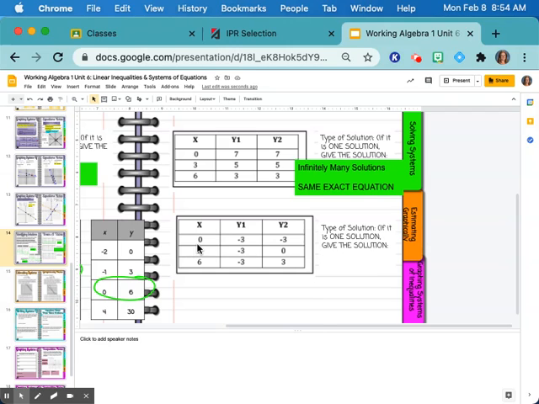Okay, the last one: 0, -3, -3. 3, -3, 0. 6, -3, 3. Do y'all see the solution? 0, -3.